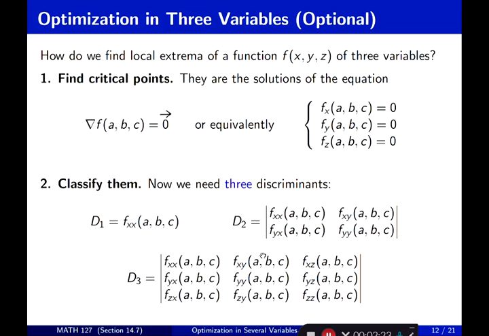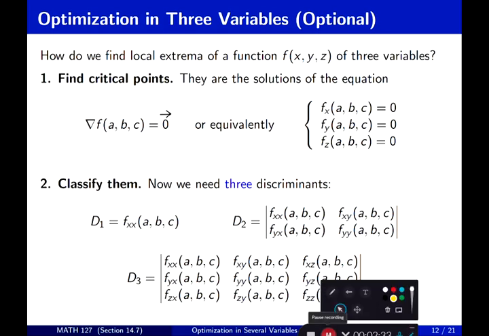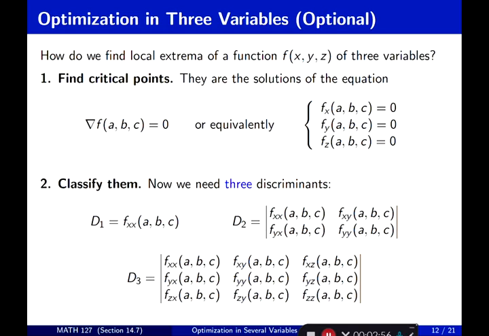If you pay close attention, you realize that D1 is right about here, which appears here, also appears there, and then D2 is basically this part of the matrix, and D3 is the entire thing. So they are all related basically.